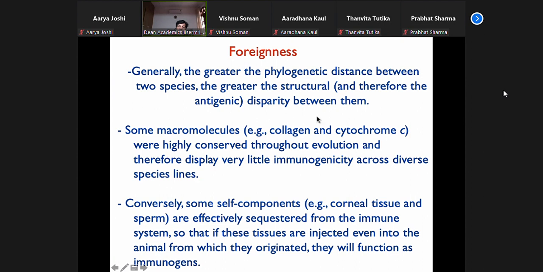So apparently they are sequestered from your immune system, and because they were sequestered, now they will be recognized as foreign antigens. So for example, let's say you get corneal tissues from a cadaver, a different individual, make a suspension of these corneal antigens and inject it even in the same individual. You can actually generate an immune response.